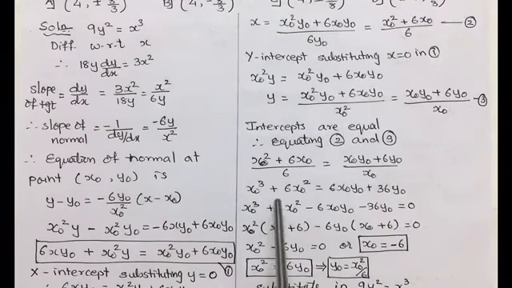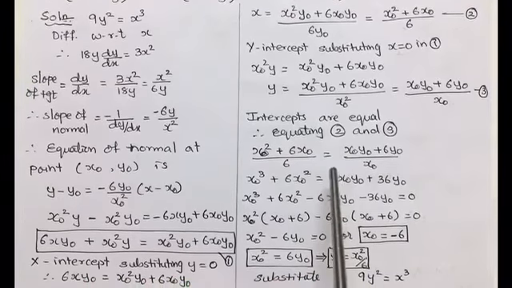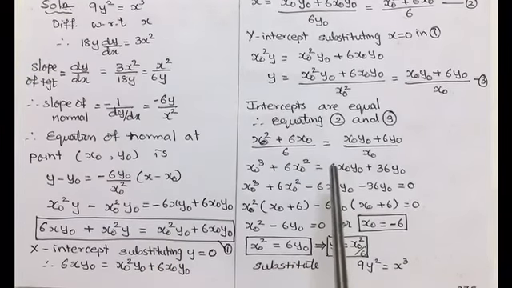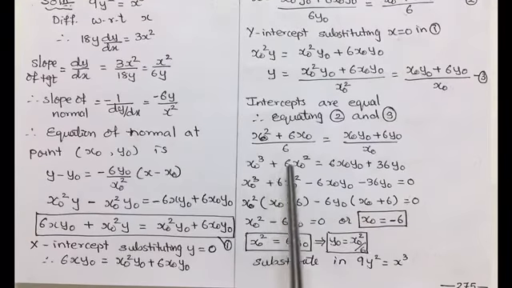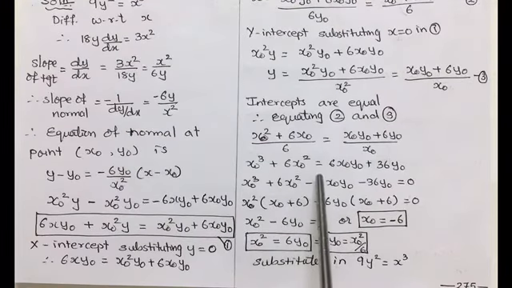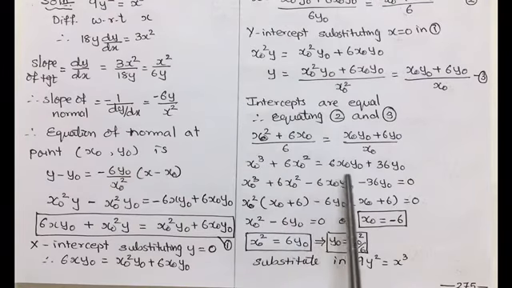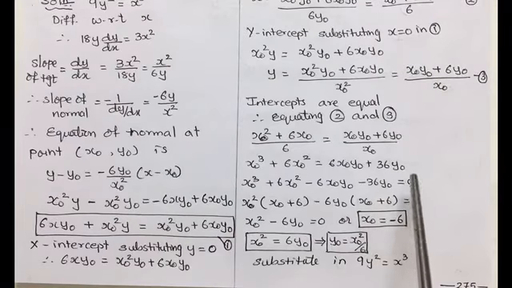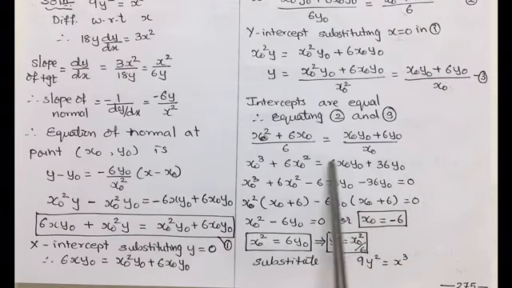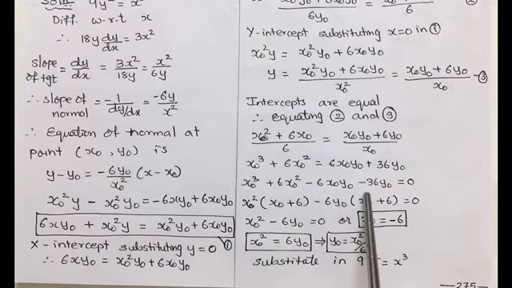Going for cross multiplication on both sides, we get x0 cube plus 6x0 square is equal to 6x0 y0 plus 36y0. Taking all the terms to the other side, we get x0 cube plus 6x0 square minus 6x0 y0 minus 36y0 equal to 0.